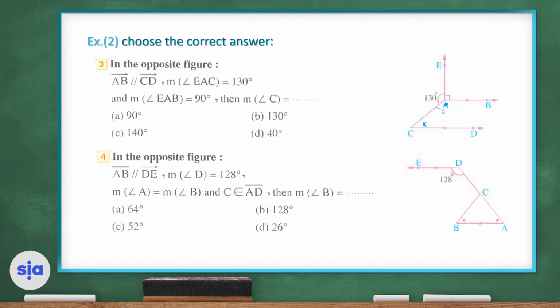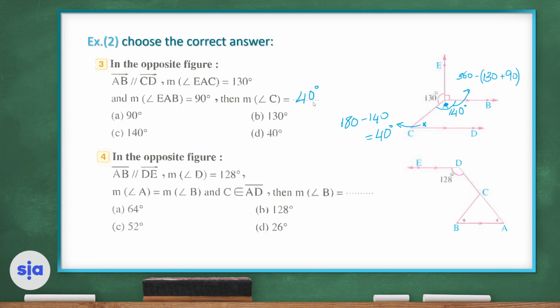To find the measure of this angle, it's 360 take away the sum of 130 plus 90. So this angle is 140 degrees. So the measure of angle C is 180 minus the 140, so it is 40 degrees.